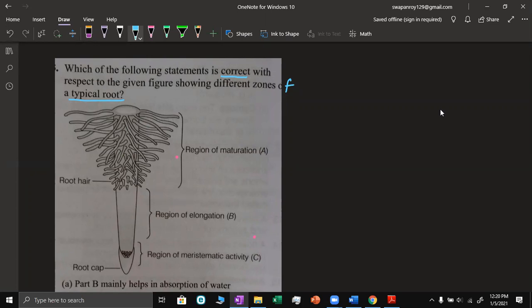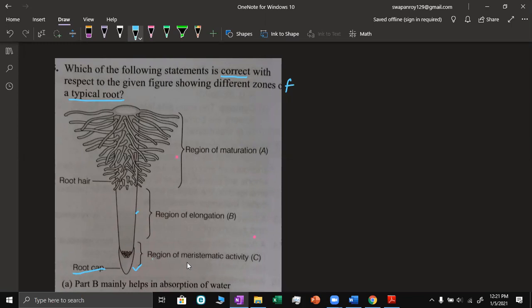This is the different parts of a growing root. In a young root, what are the different parts? At the tip of the root there is a root cap for protection, is it? The root cap protects the area of the root where the cells divide very fast.